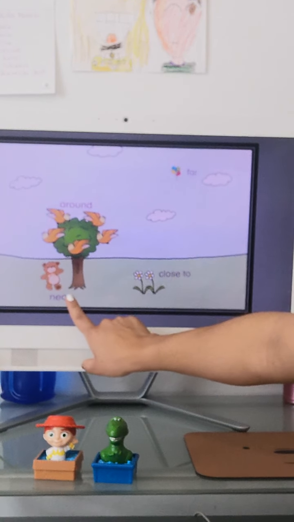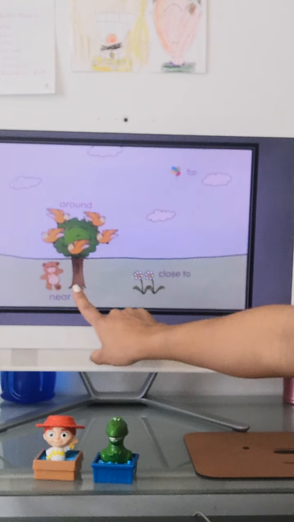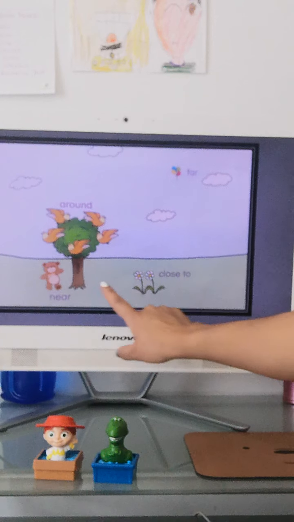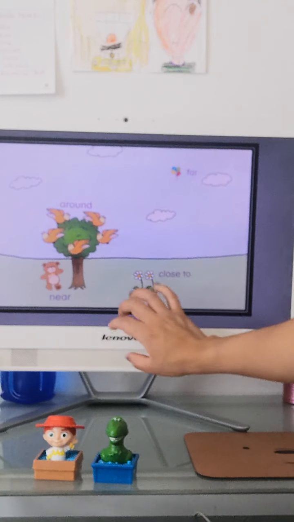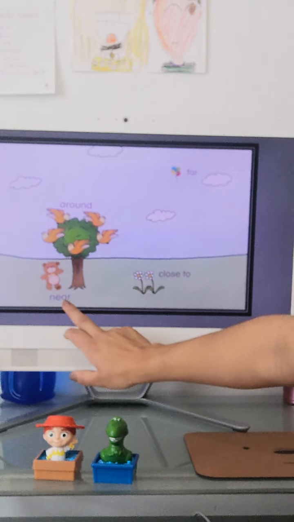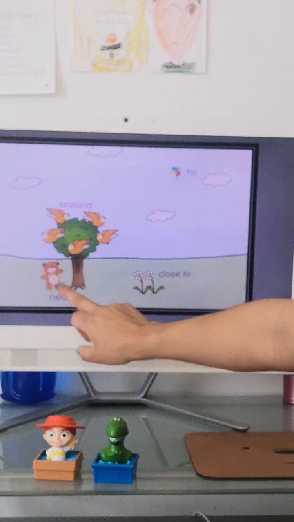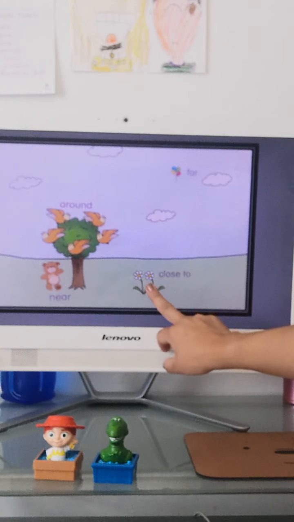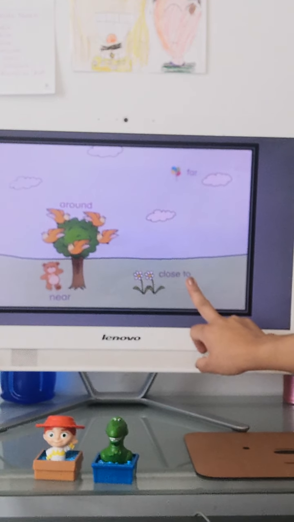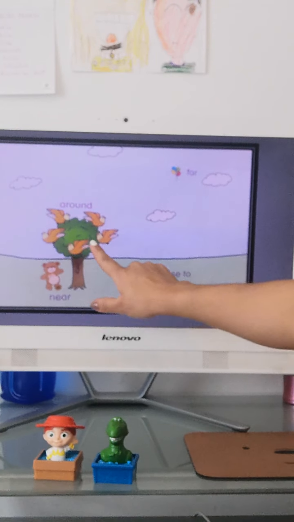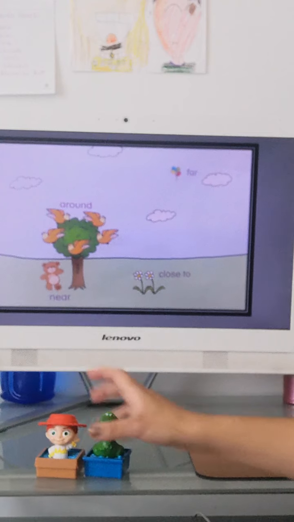Para decir muy cerca es near the tree. And the flowers are close to the tree, pero no están tan cerca como el osito. Entonces, muy cerquita, near. Cerca, relativamente, close to. Lejos, far. Alrededor, around. Vamos a hacerlo con nuestros characters.